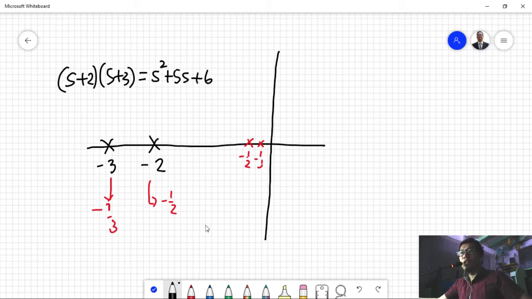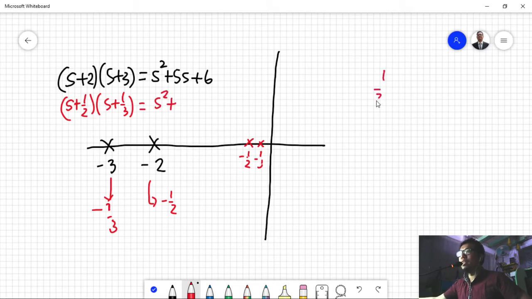But when we look at the polynomial where these reciprocal roots come from, that should be s plus 1/2 and s plus 1/3. When we multiply that, this becomes s squared plus 1/2 plus 1/3 s. When we add 1/2 and 1/3, the LCD is 6, so this is 3 plus 2, which gives us 5/6.